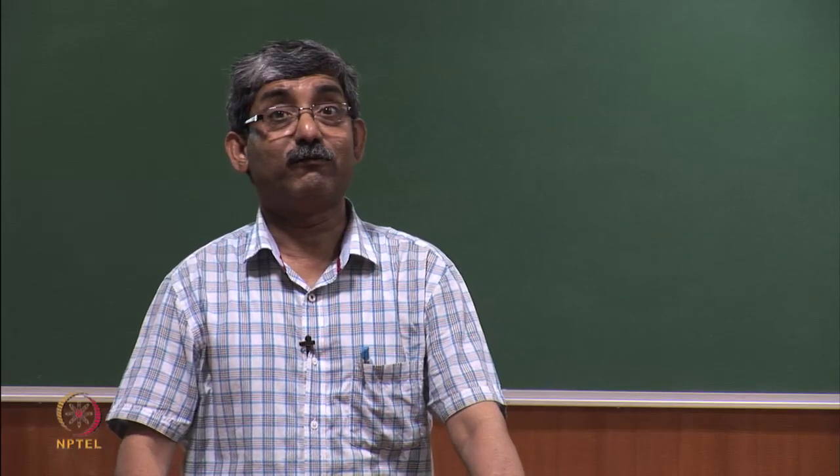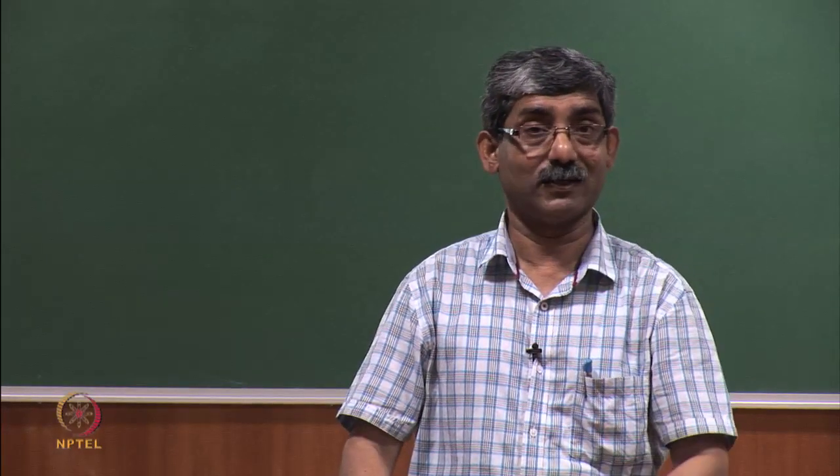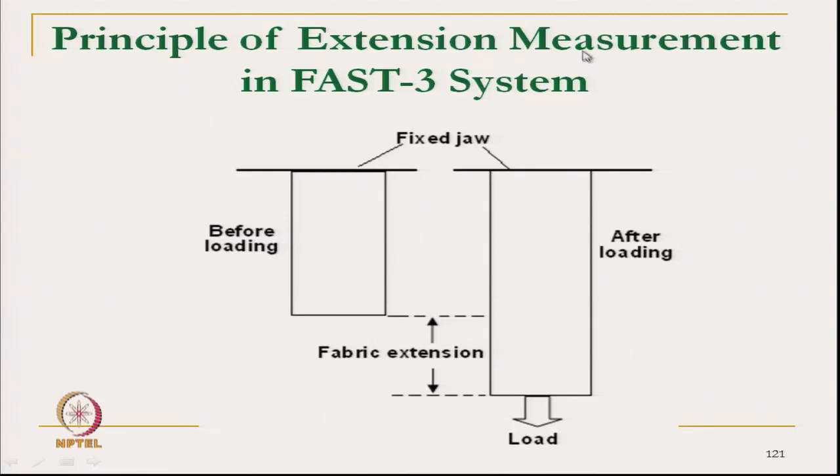Next is the shear measurement by the same instrument. In the extension measurement we have seen the thread direction; if we see the woven fabric, it is either warp or weft direction.